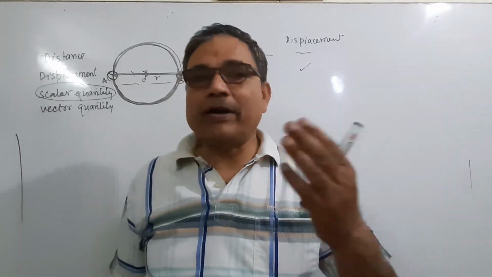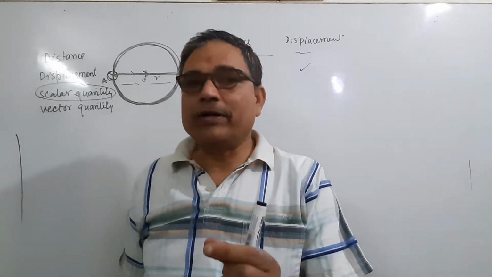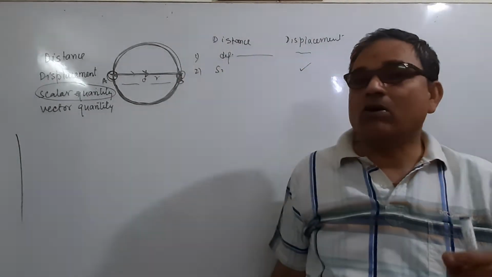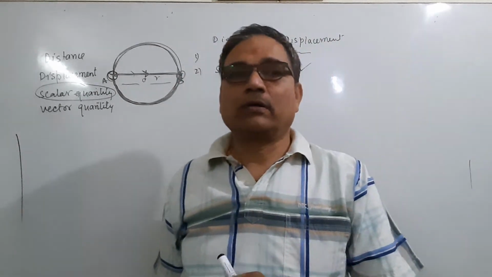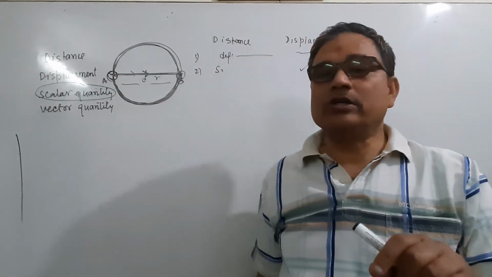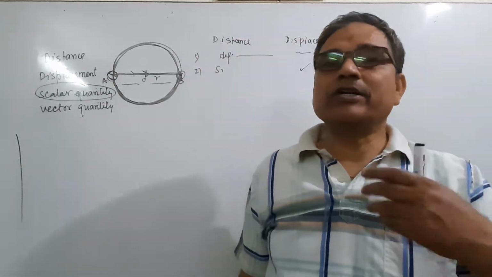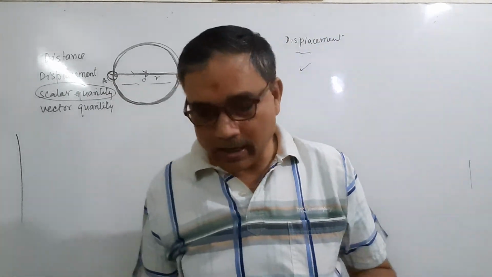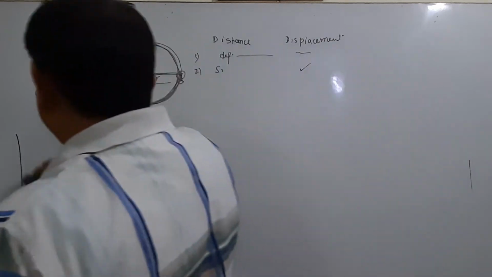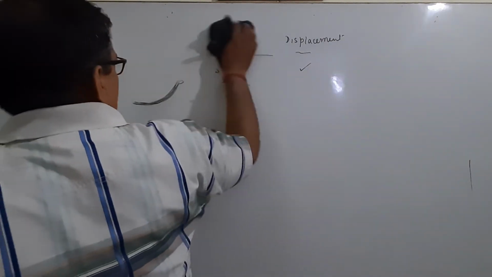The measurement is by an instrument known as the odometer. It means the odometer is an instrument which is used in an automobile to measure the distance. Is it clear? And now the definitions you have to write.